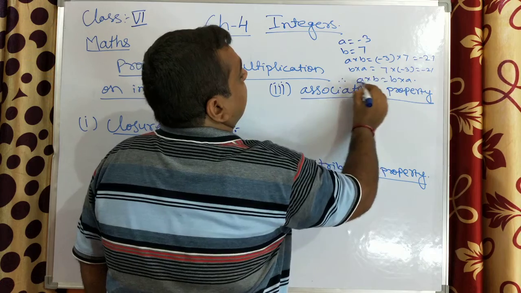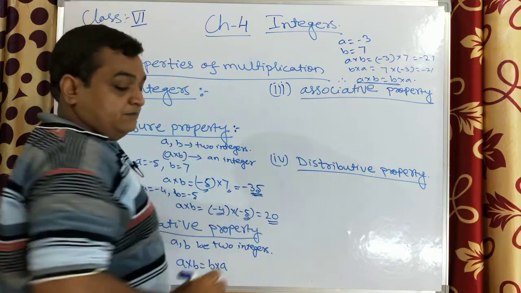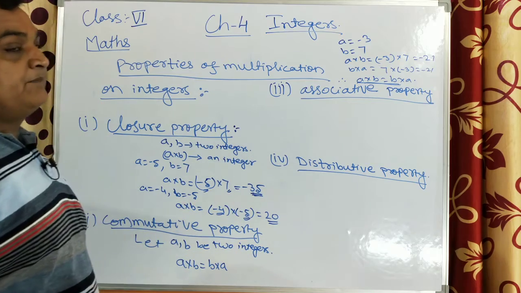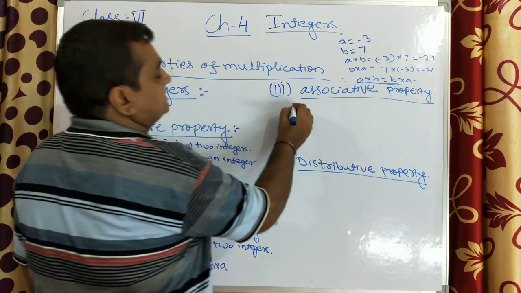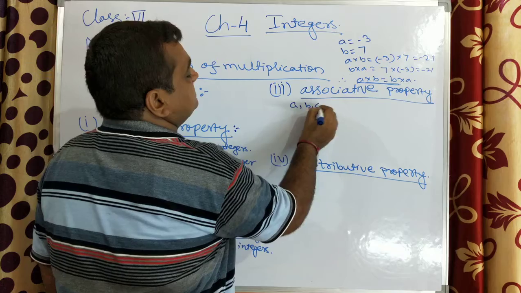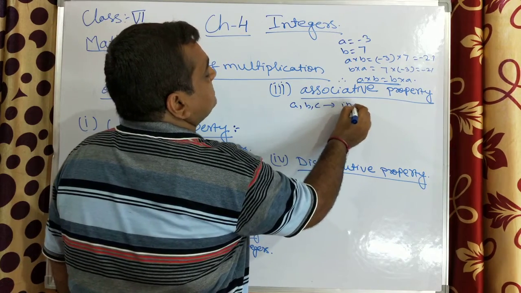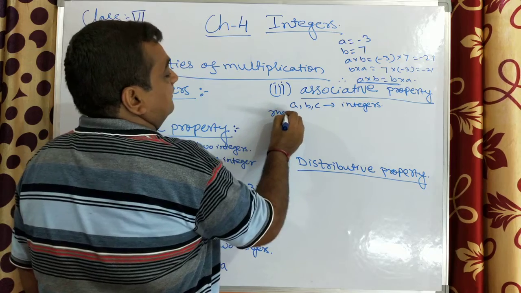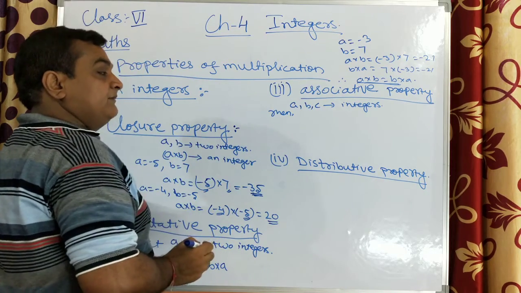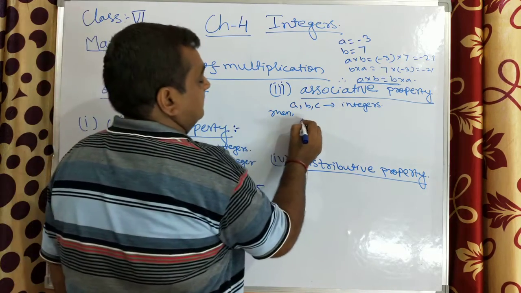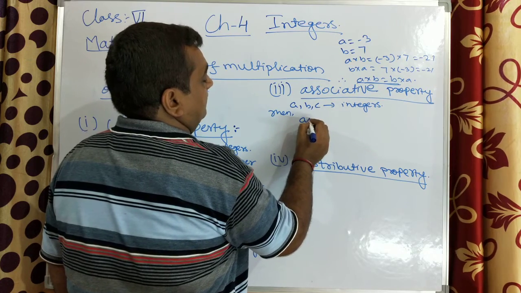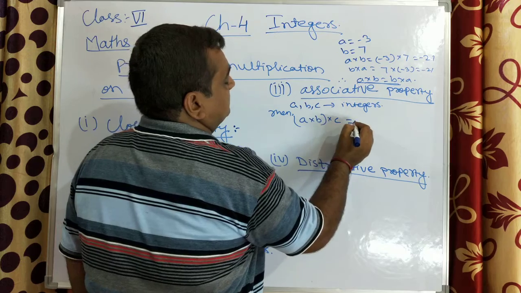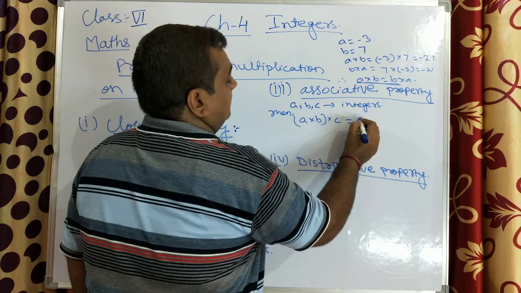Similarly, the associative property. If a, b, c are three integers, then by using the associative property we can write (a into b) into c equals a into (b into c). Okay.